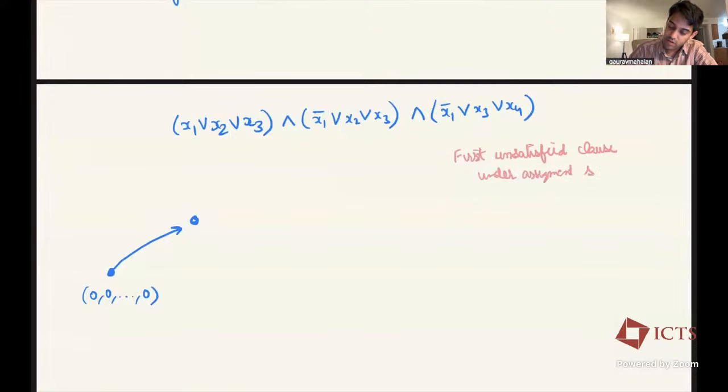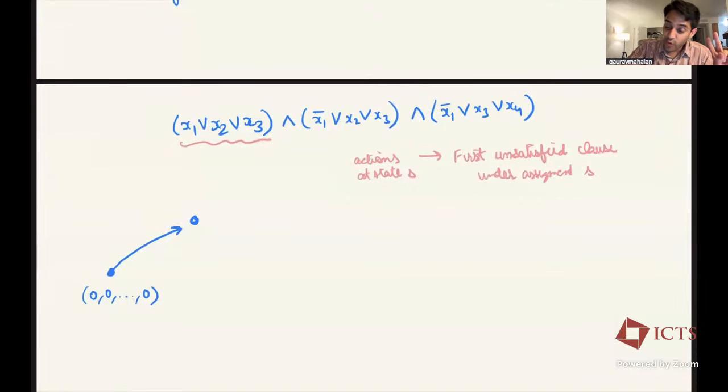So to figure out actions available at state S, you first figure out what's the first unsatisfied clause under assignment S. For example, here under all zeros, the first one is unsatisfied, so I'm going to use this.